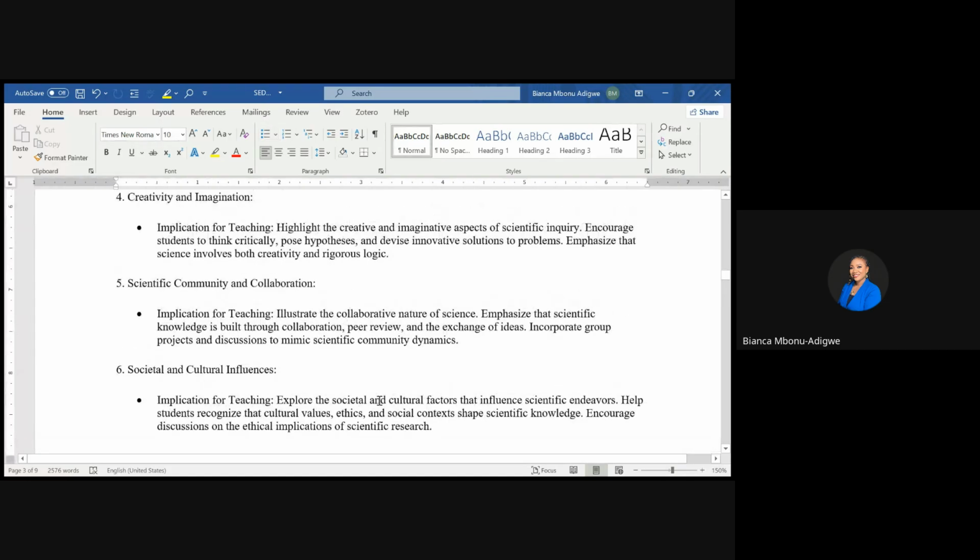Another one is scientific community and collaboration. Science is all about community. Science is all about collaboration. That is why in your classroom, try and be doing group work, project work, do it together. Science is all about collaboration.